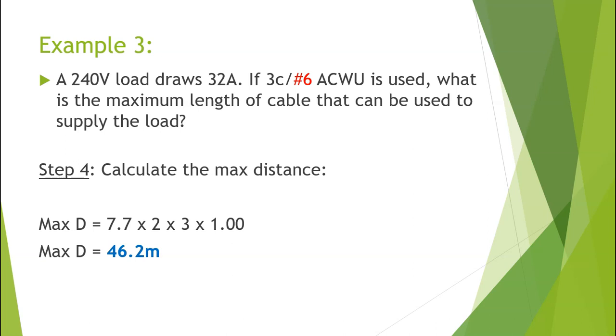And that gives us a grand total of 46.2 meters and represents the fact that we could run a maximum length of ACWU here of 46.2 meters between the panel and the load that it supplies.